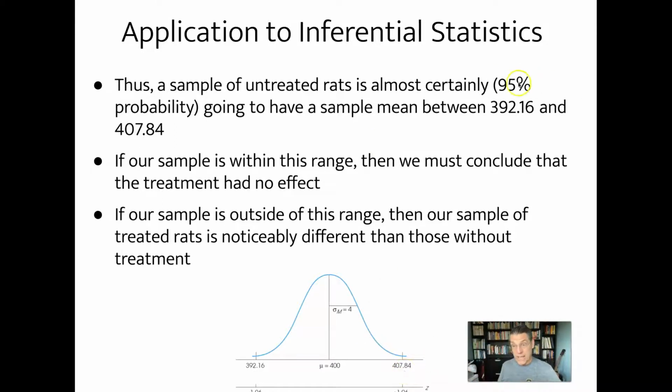In this case, what we decided was the middle typical 95%, and then everything out here is the extreme 5%, 2.5% on either side. So if we ended up with a sample of 25 rats that weighs 408 grams, the likelihood of that is going to be less than 5%, because to be out in those extremes is only going to happen 5% of the time or less.